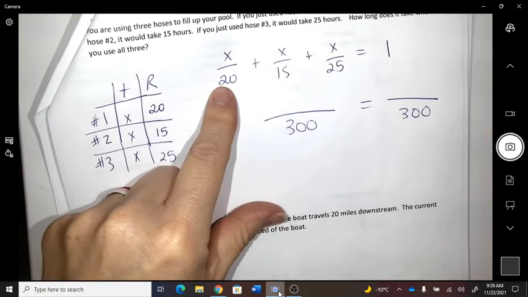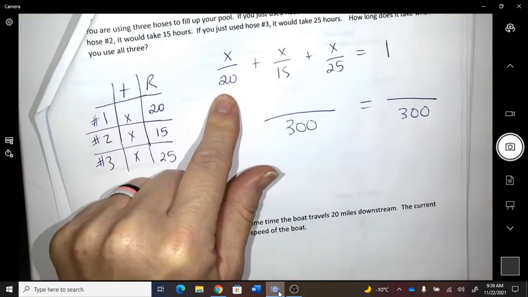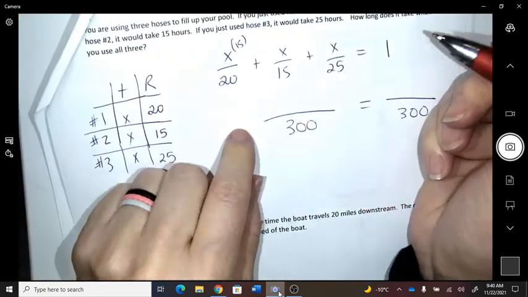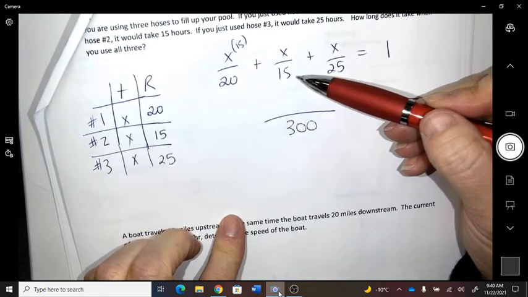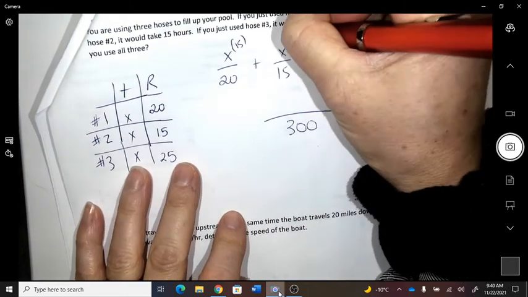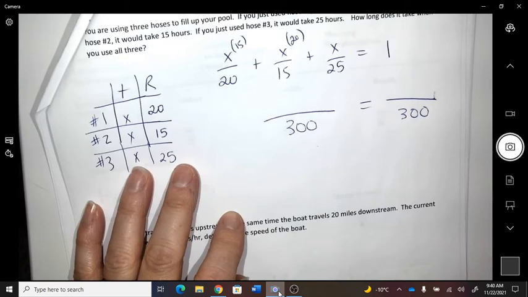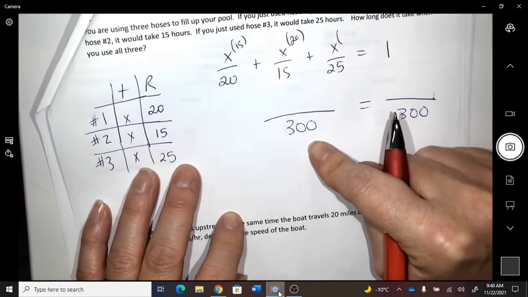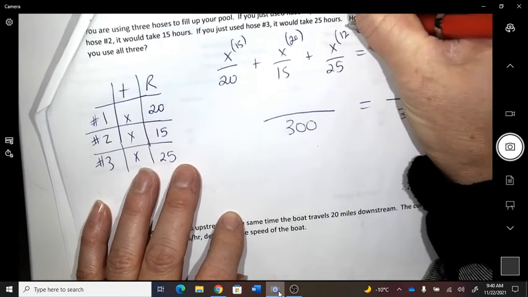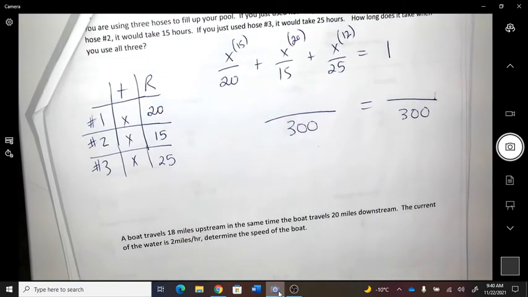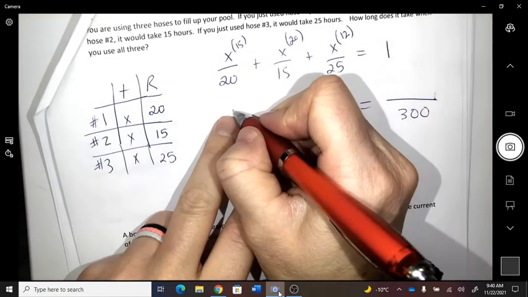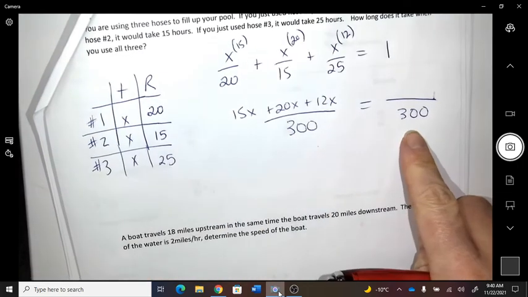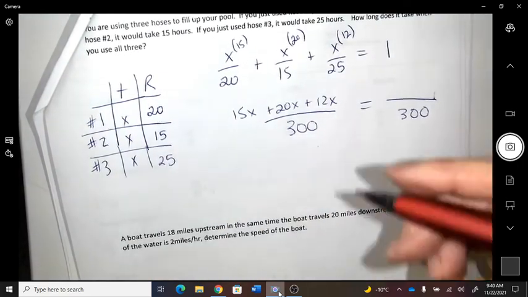Okay, so how did I turn 20 to 300 there? I timesed it by 15. How did I turn 15 to 300? I timesed it by 20. How did I turn 25 into 300? I timesed it by 12. So the tops are now 15x plus 20x plus 12x. How do you write something that looks like a 1?